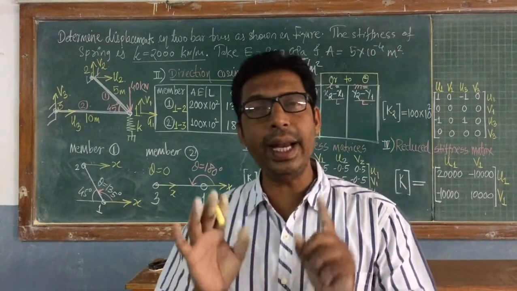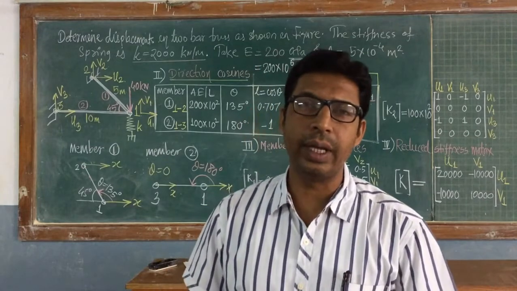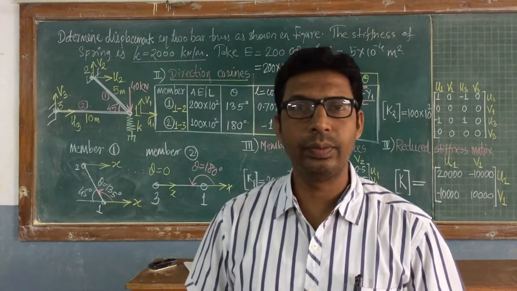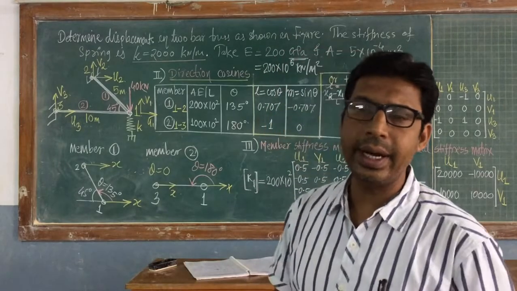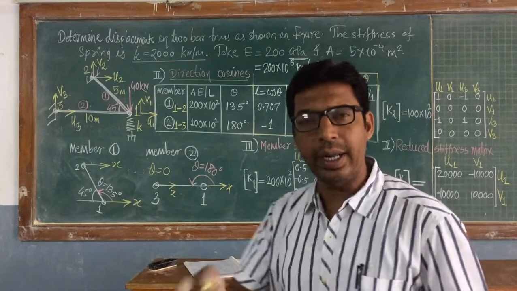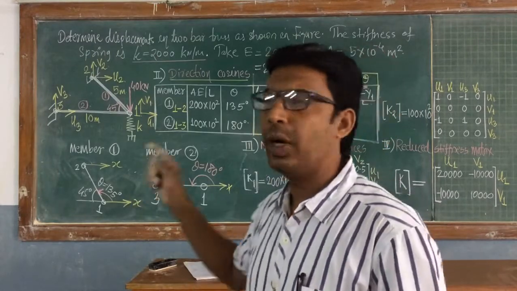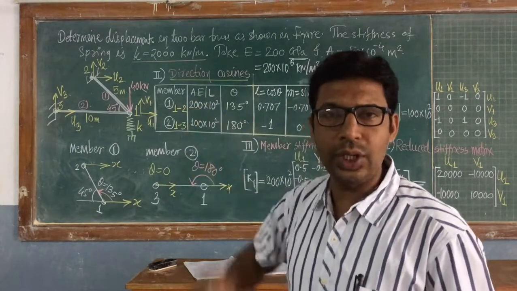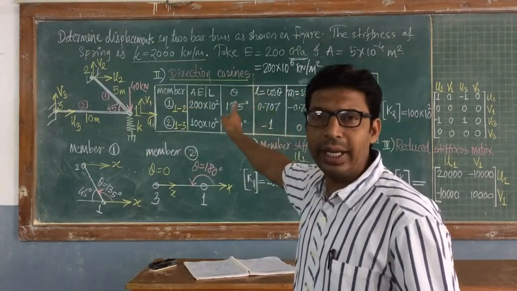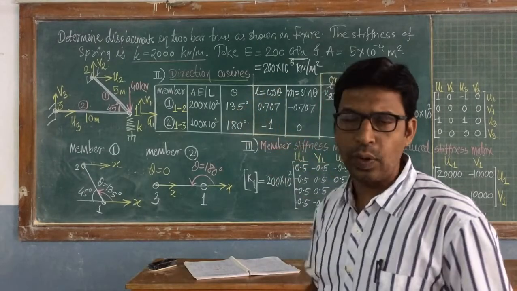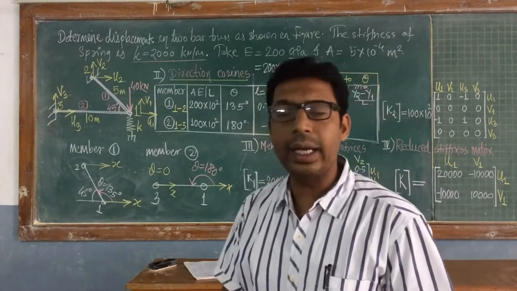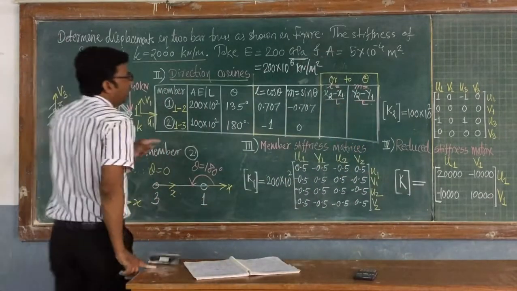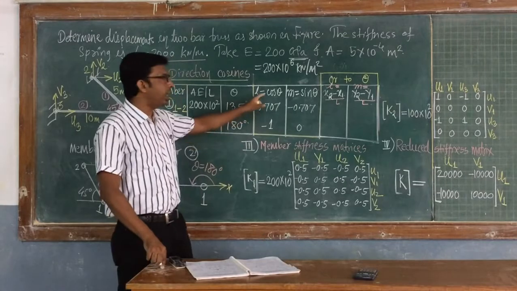Okay? Now already we have discussed, but I will repeat again. If you face any difficulty in the angle calculation, there is an alternate method to calculate small l and small m. We'll see that alternate method also again in this problem. So if you use theta calculation, theta is 135 degree for first member, 180 degree for second member, then direction cosines L and M are: L is equal to cos theta.